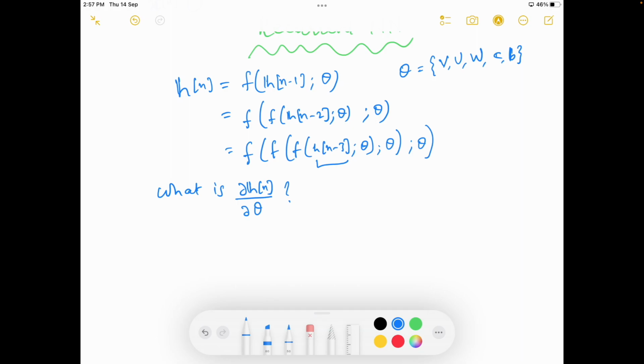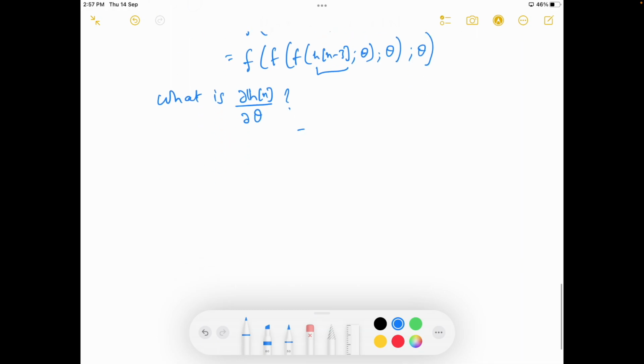You will say dou h upon dou theta is equal to the derivative of f with respect to theta, plus the derivative of f with respect to h and the derivative of h with respect to theta, because h is again a function of theta.